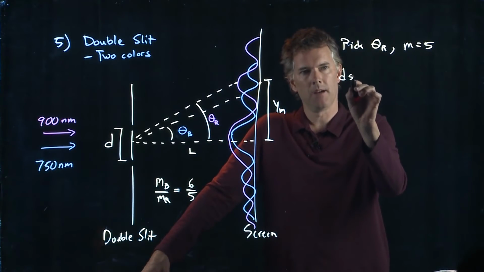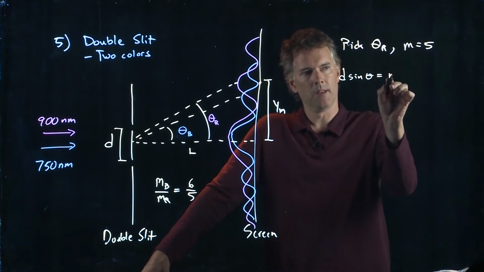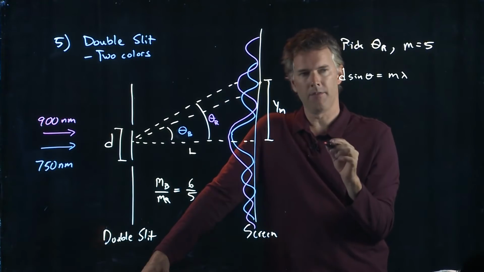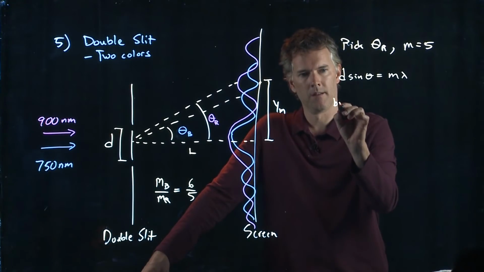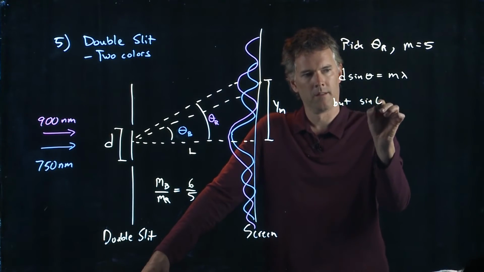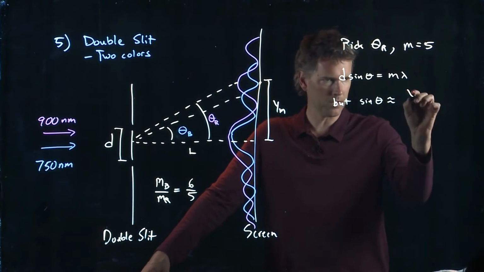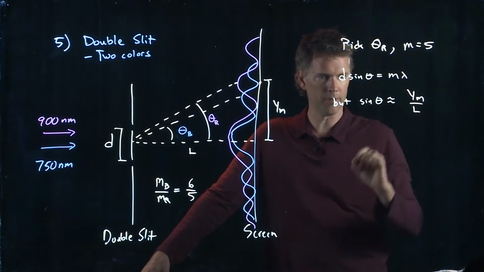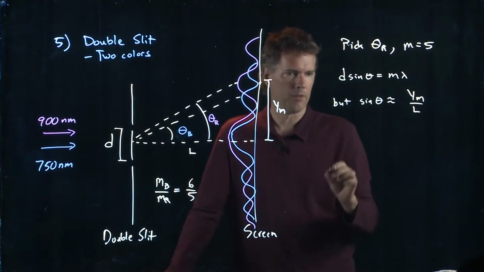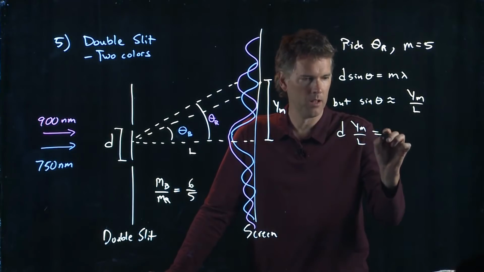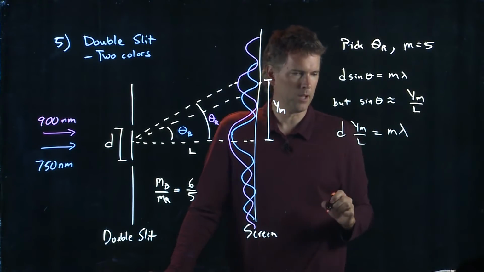d sine theta equals m lambda, but sine of theta in the small angle approximation is approximately y m over L. And so that equation becomes d times y m over L equals m lambda.